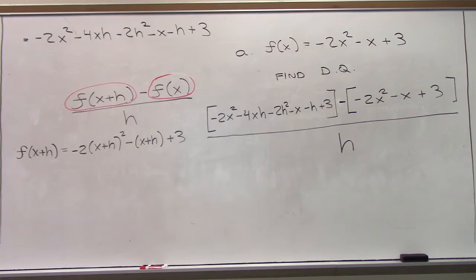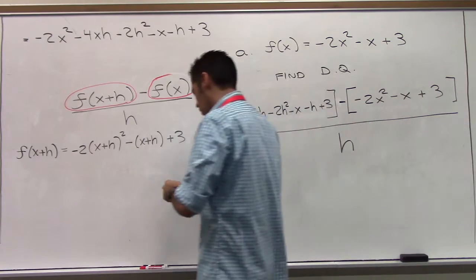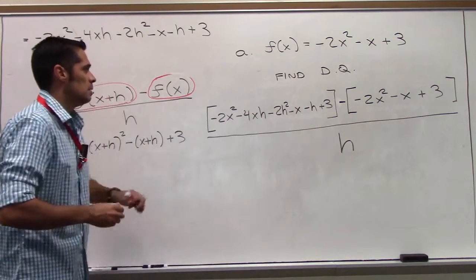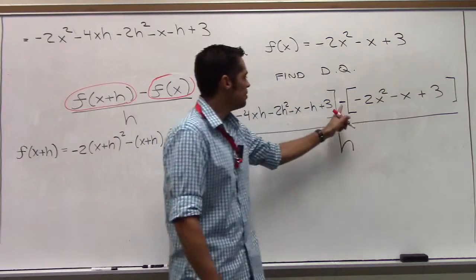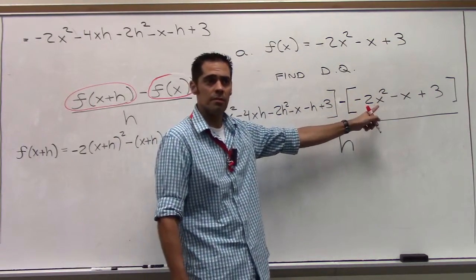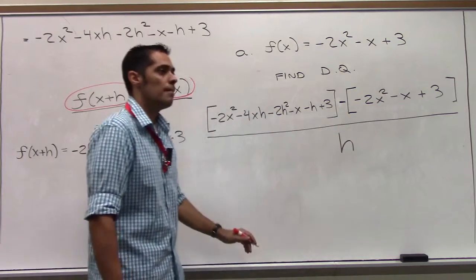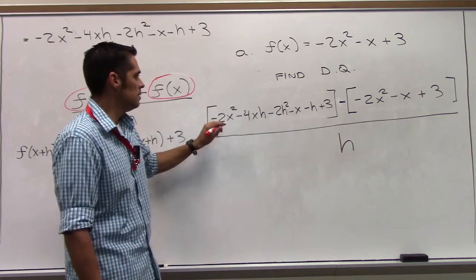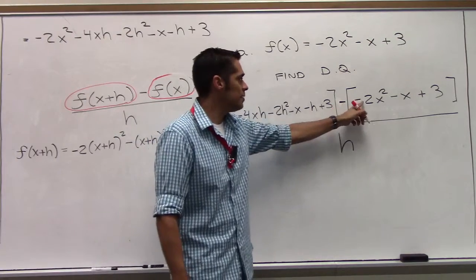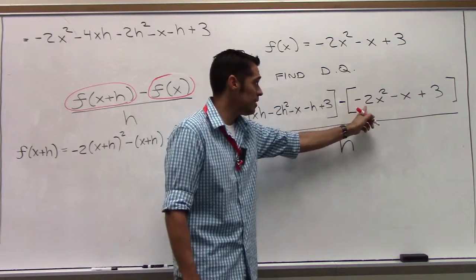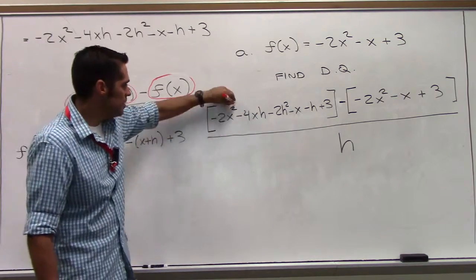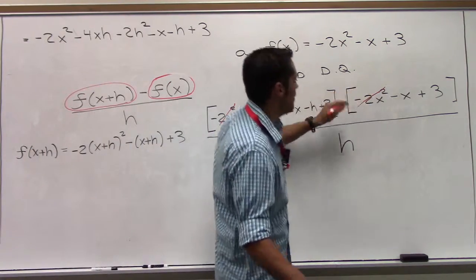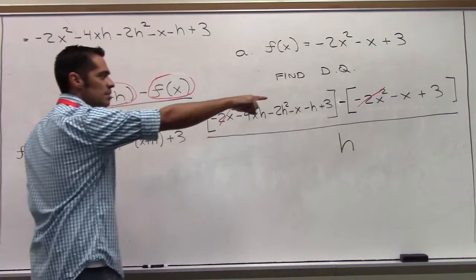I'm out of time, but let's see what would happen. You distribute the negative through here, right? This would become what? A positive 2x squared? Yes? Yeah, this negative becomes plus 2x squared. That would cancel with this negative 2x squared. So this one and this one are going to go away after I distribute through. What about the x?